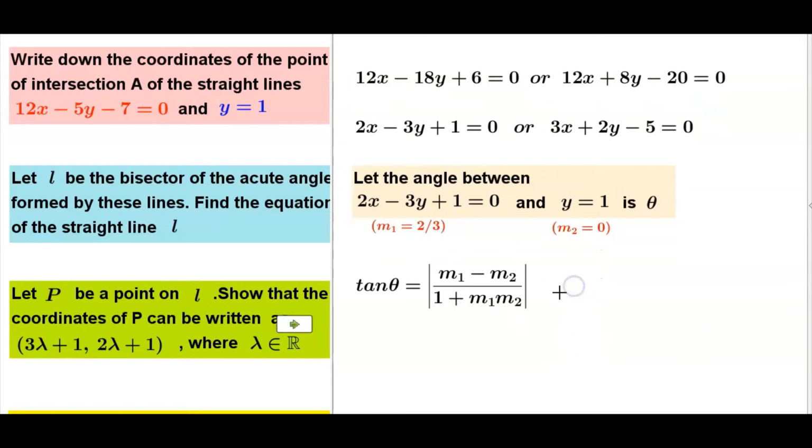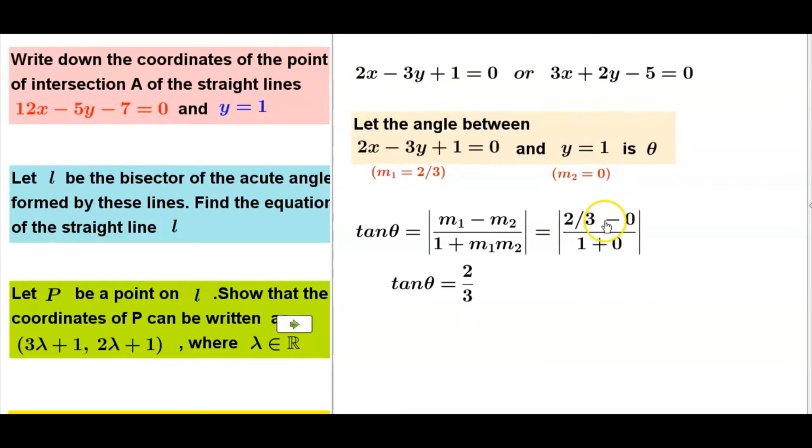So tan theta equals the modulus of (m1 minus m2) over (1 plus m1 m2). For m1 = 2/3 and m2 = 0, we get (2/3 minus 0) over (1 plus 0).